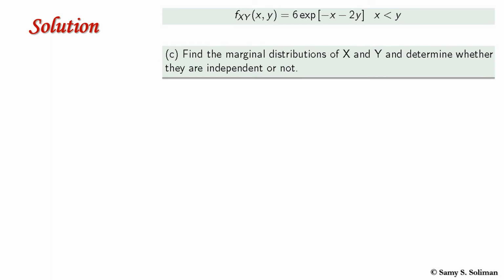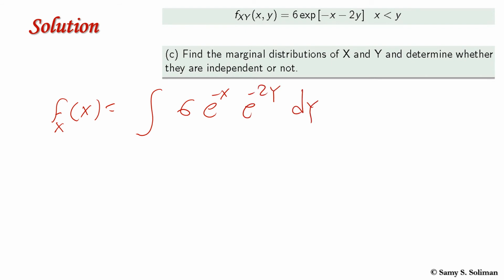The next requirement is to find the marginal distribution and to check if x and y are independent or not. As we said, the marginal distribution of x is calculated by the integration of the joint PDF, which is again 6 e power negative x e power negative 2y over the range of y. And again, we shouldn't forget that y ranges from x to infinity.